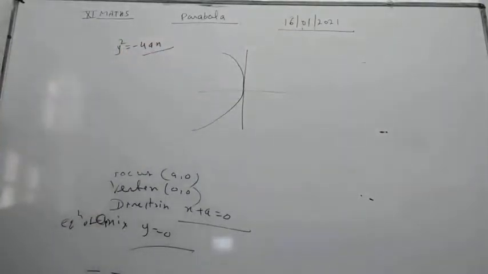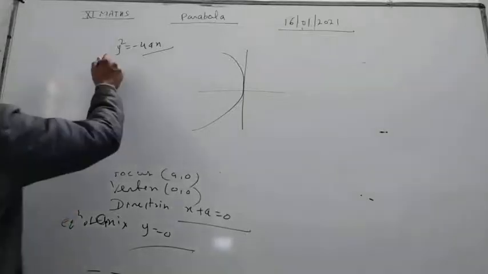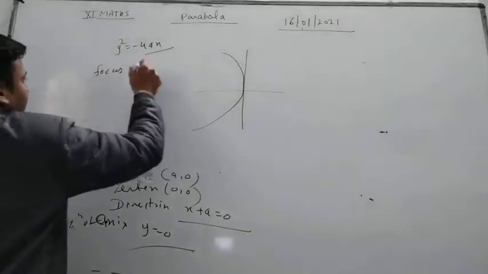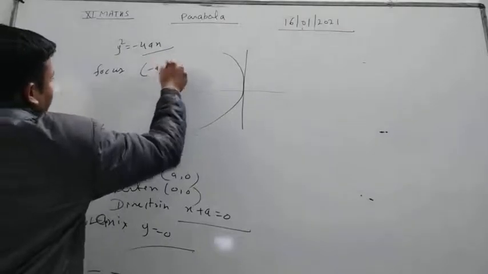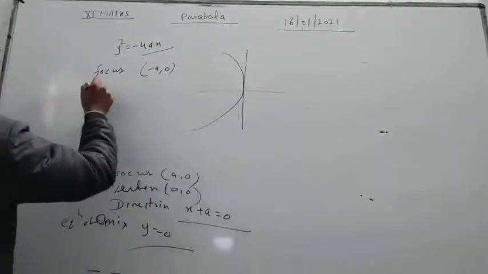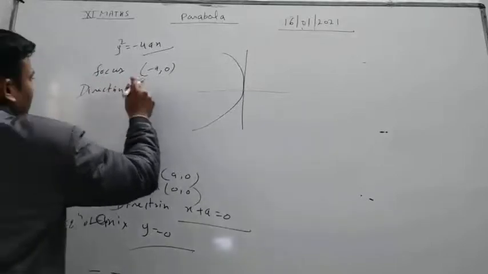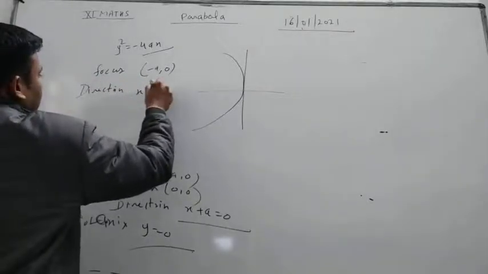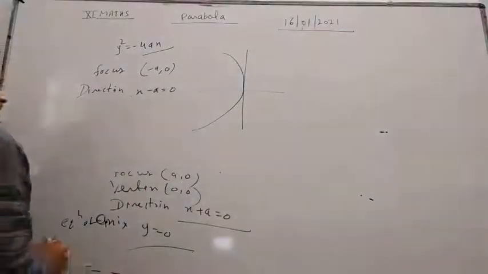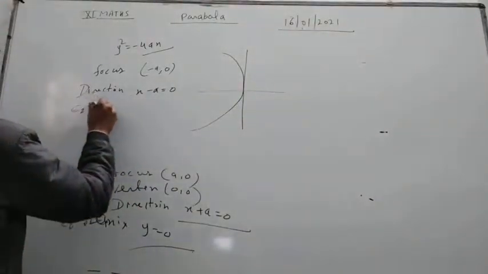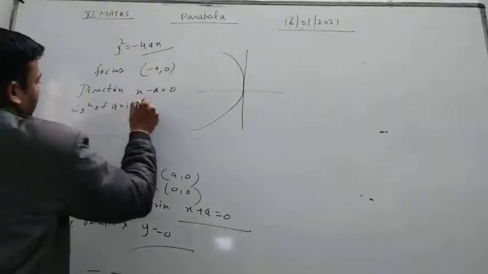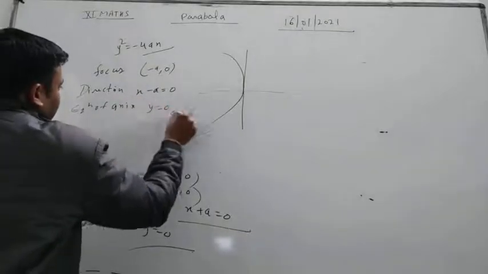In this case, its focus is (minus a, 0), and directrix is x minus a is equal to 0, and equation of axis is again y is equal to 0.